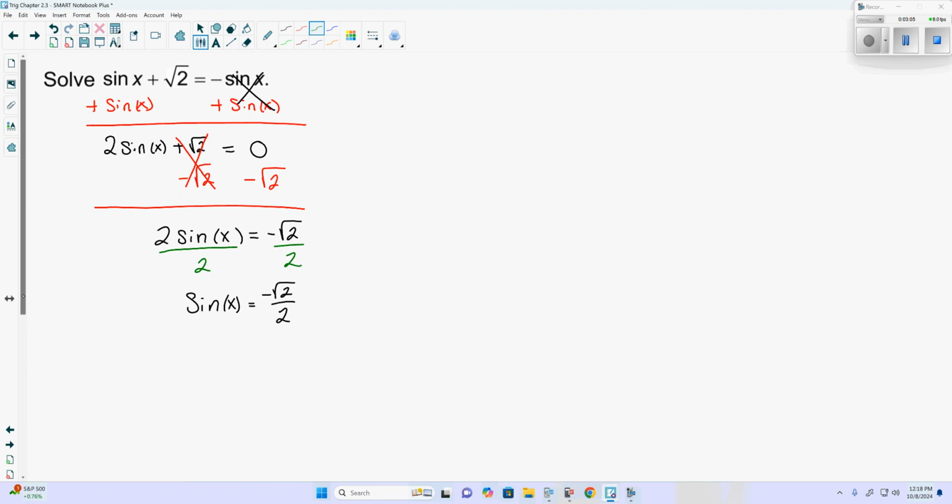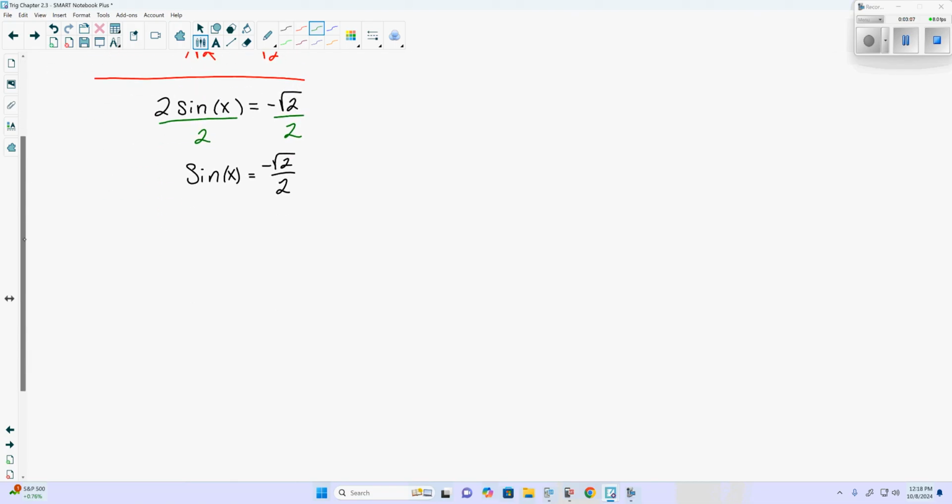It is true, because again, when we look at the unit circle, we're looking for the y value of the points when x is equal to 5 pi over 4, and when x is equal to 7 pi over 4.